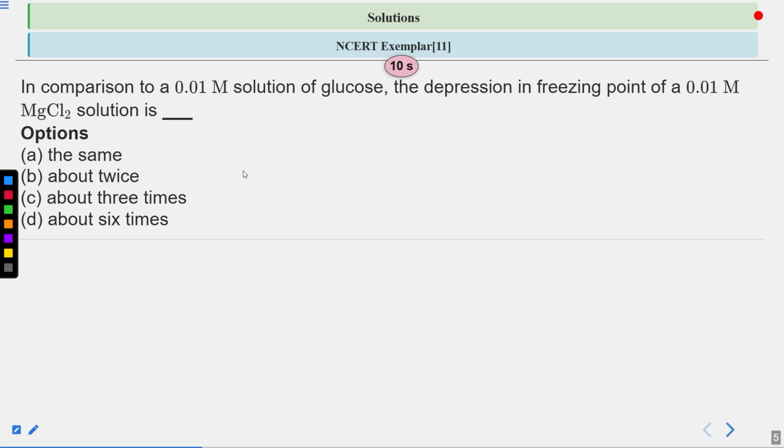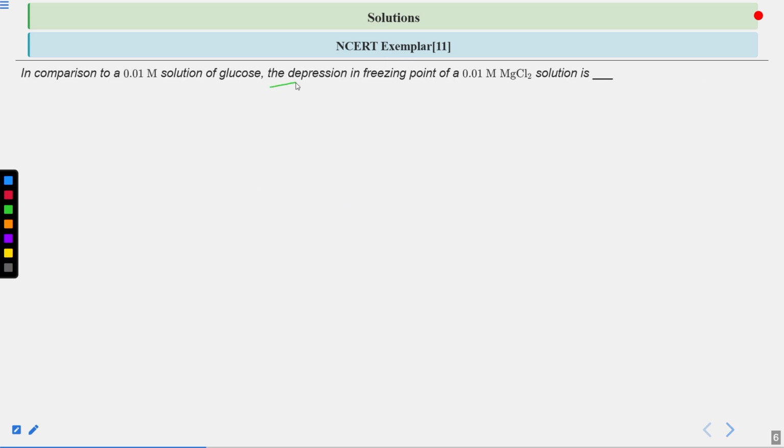After that, we will continue to its correct answer. Okay, let's see. So for this given question, the correct answer is option third, which is about 3 times.